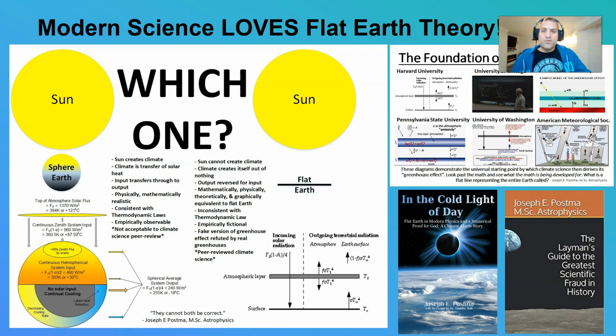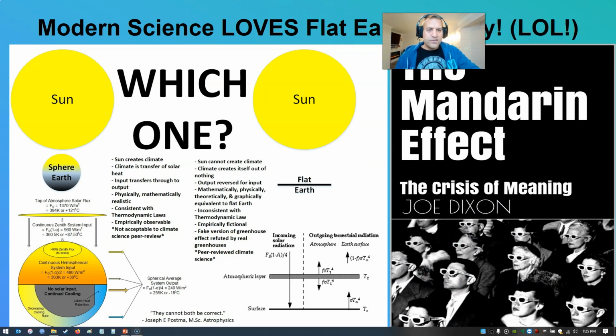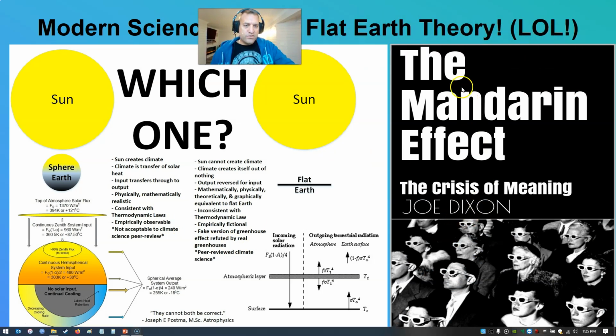Now, if you want a really, really good book, from a friend of mine, well, not really a friend of mine, I don't know who it is. This fellow, Joe Dixon, The Mandarin Effect, The Crisis of Meaning. This book is actually all about science and academia. It explains it to the T. If this is of interest to you, if you want to really understand the mindset of academia, the mindset of the university system, how could they allow something like flat earth theory to enter modern physics?